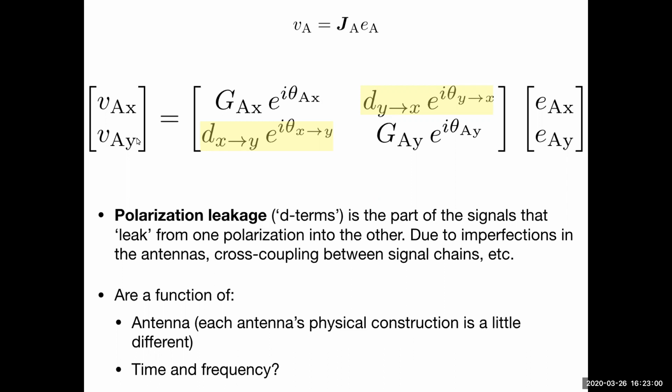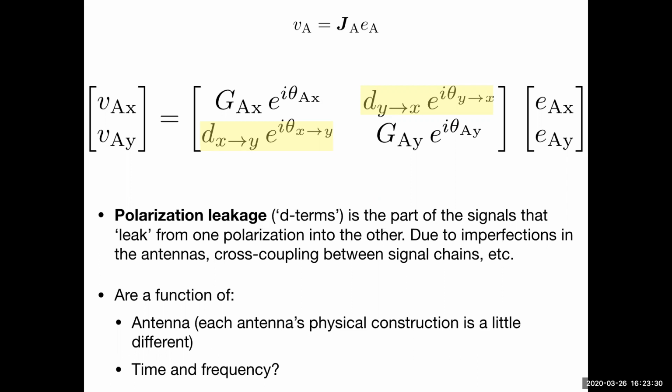And this can be caused by things like imperfections in the antennas. You can imagine having cross dipoles, but maybe they're not 90 degrees, maybe they're only 88 degrees. And so there's some mutual signal being detected by those. And so you can have those kinds of flaws occurring. And they're a function of antenna usually, because each antenna can have slightly different physical construction.